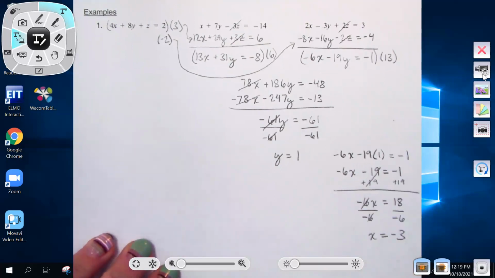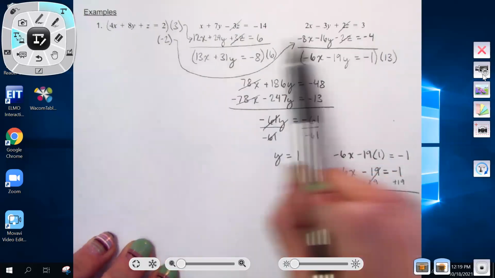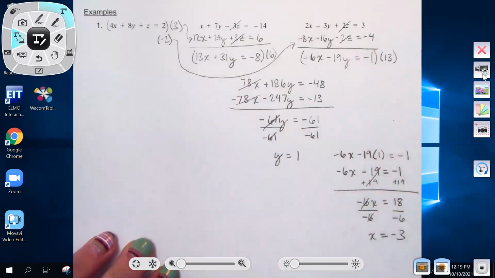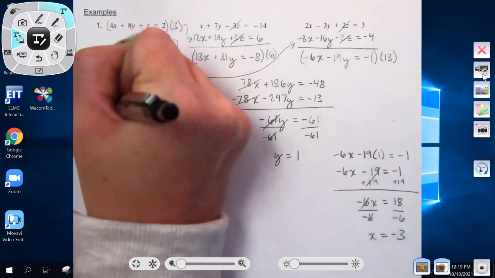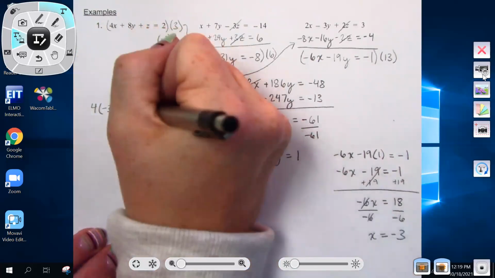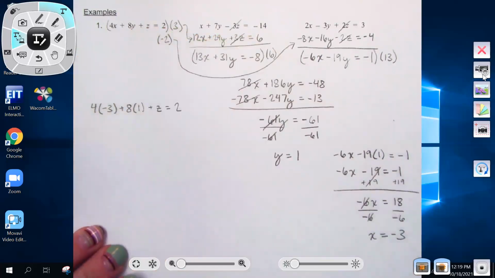Now we're going to go all the way back to the very original equations. We're going to choose one of those equations to plug in our y and x values. The first one. So instead of x, we're plugging in negative 3. Instead of y, we're plugging in 1. And we're going to solve for z.